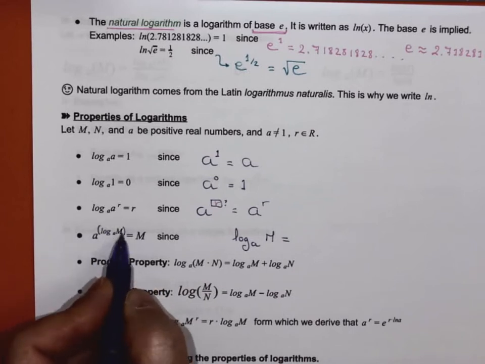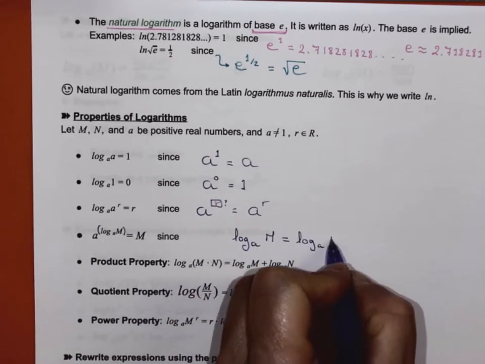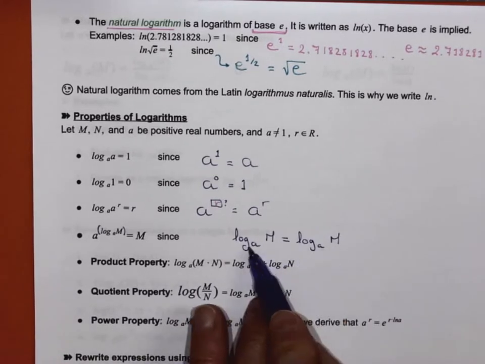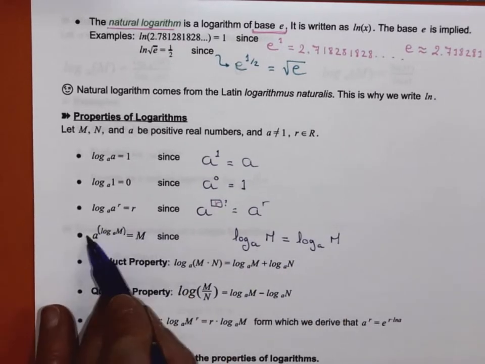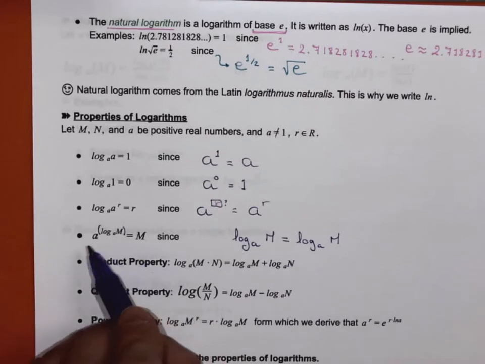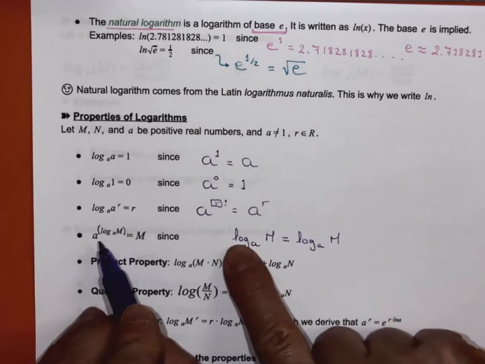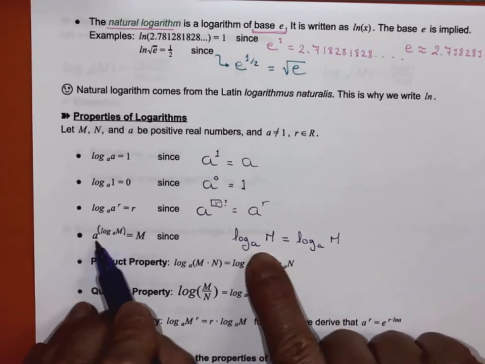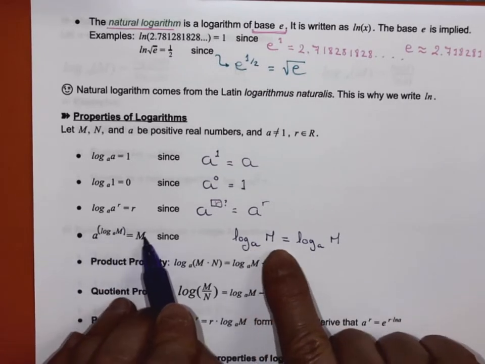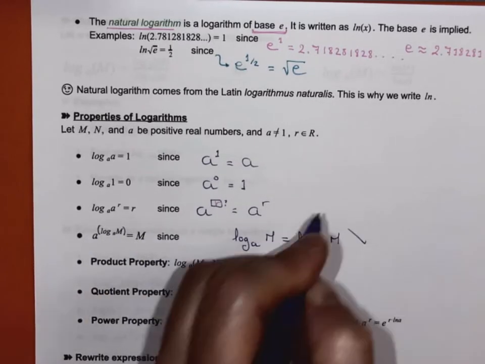So that would be log base a of m. You see how I ended up with the same thing by just rewriting that into logarithmic form. So here it's exponential, right? A to a power equals m. So the log of that same base of the answer to that exponential is equal to the exponent, which is itself that. And we know those two are equal because they're the same, right?